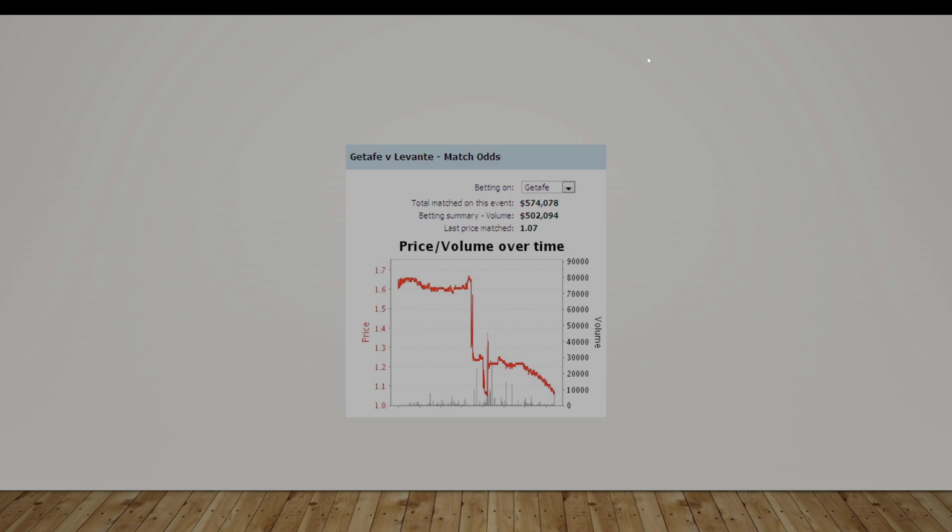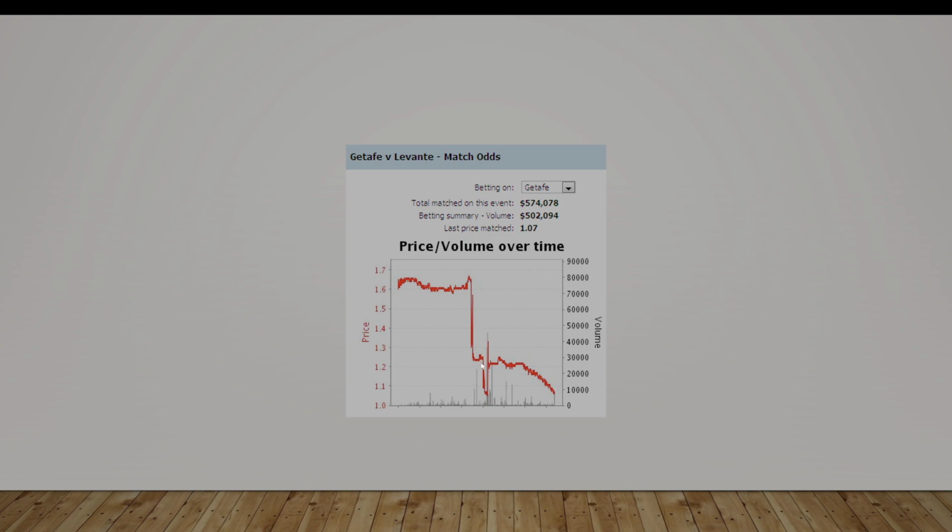But the key thing is that, and by the way, if you look at the chart, and this is a side note exercise, you can understand what happened most likely in this match. So Getafe started at 1.6, 1.65, then they scored a goal, the price dropped to 1.234.